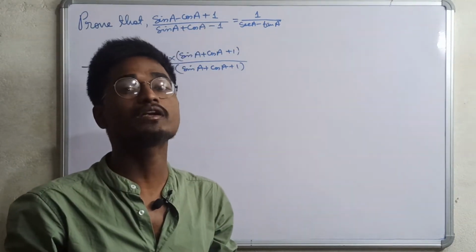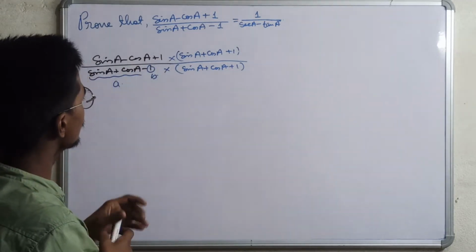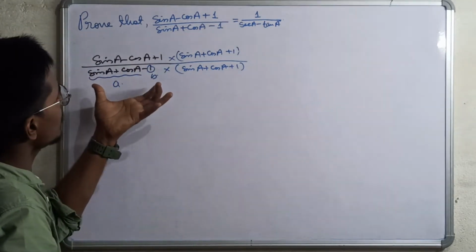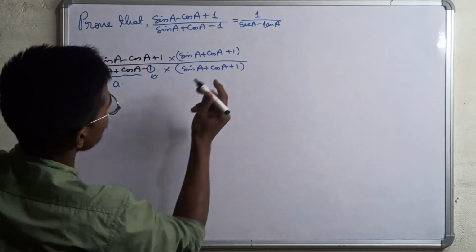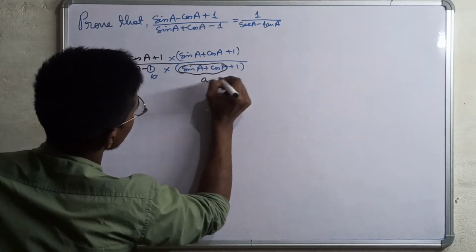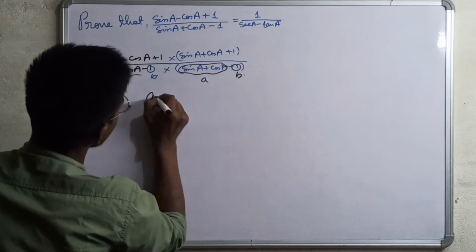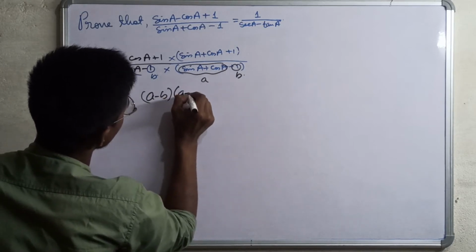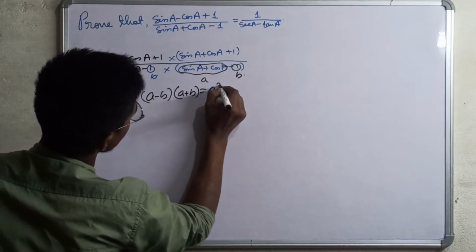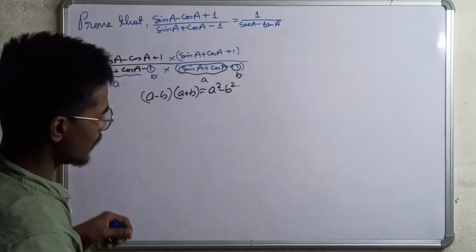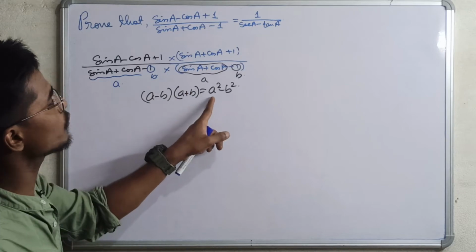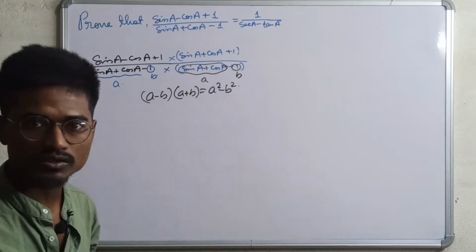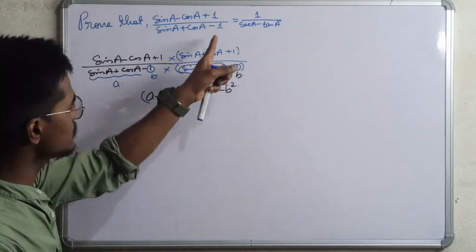The way I have created it here, a minus b in the denominator and a plus b, gives us a minus b into a plus b, which is a square minus b square. Sine and cos are together, and on squaring we get sine square a plus cos square a, which cancels with this minus 1.